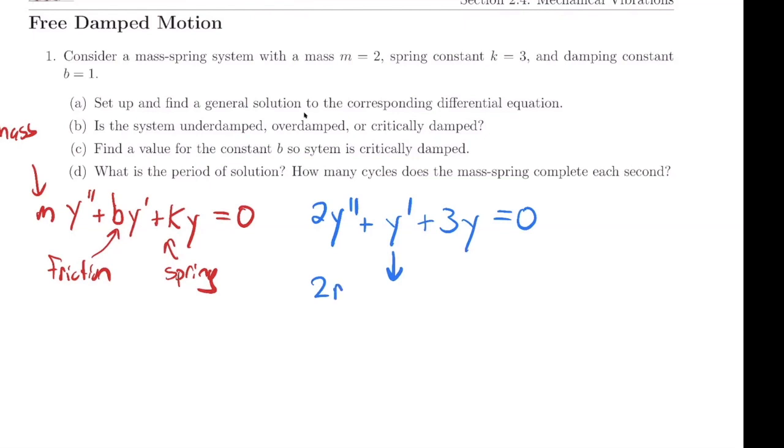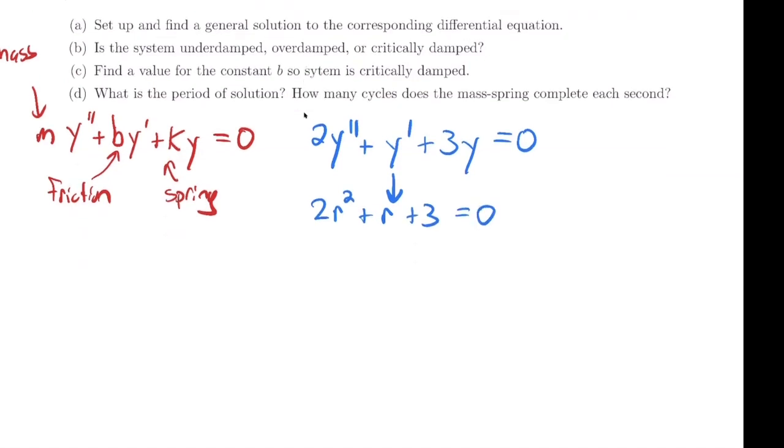We would have 2r squared plus 1 times r plus 3 is equal to 0. We could try and factor this, but it's not going to factor cleanly. We actually have complex roots here. So in order to figure out these roots, let's use the quadratic formula.